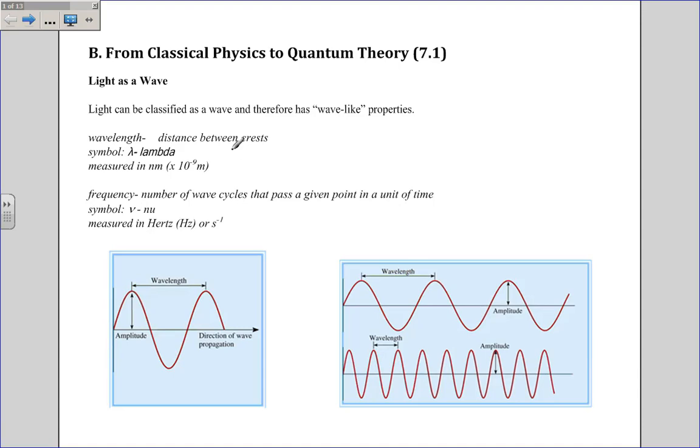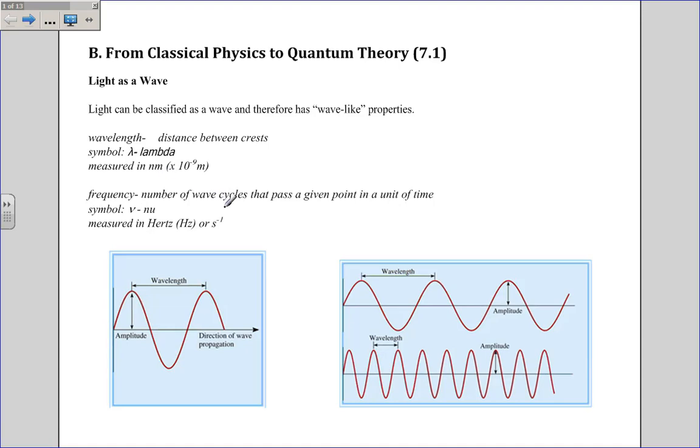The wavelength, which we represent with the symbol lambda, is measured in nanometers, where 1 nanometer is 1 times 10 to the negative 9 meters. It is the distance between two crests or troughs of a wave. So when we're looking at the wavelength, it's this distance here. And as you can imagine with these waves, these values are going to be quite tiny, and that's why we use the unit nanometers in order to make these measurements.